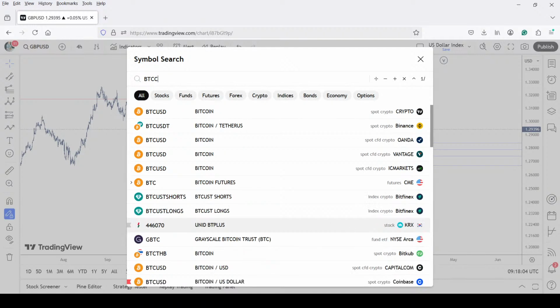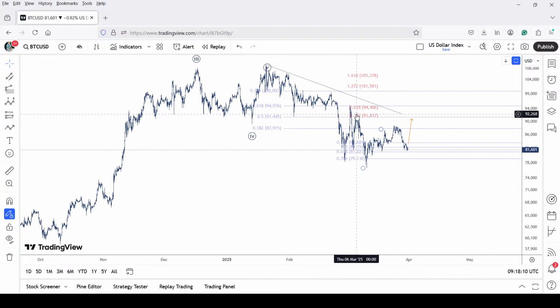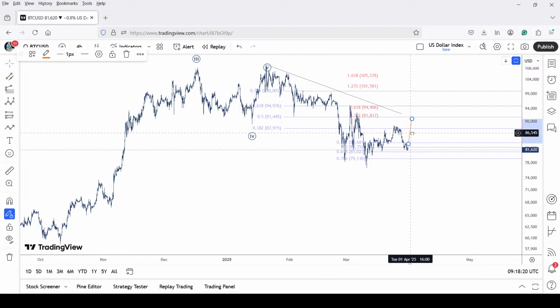Bitcoin. As we see, Bitcoin is offering yet another opportunity to initiate long positions here, possibly towards 91 and 95. We would be more inclined to initiate short positions after 95.